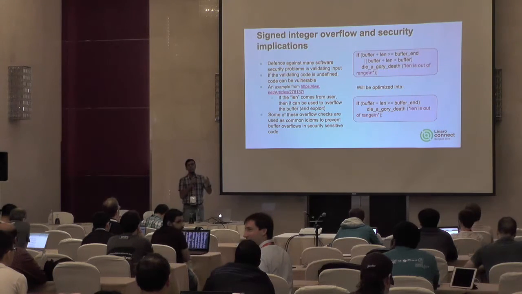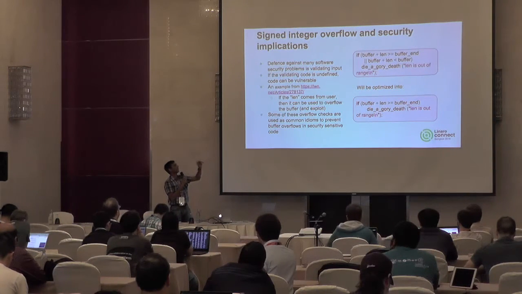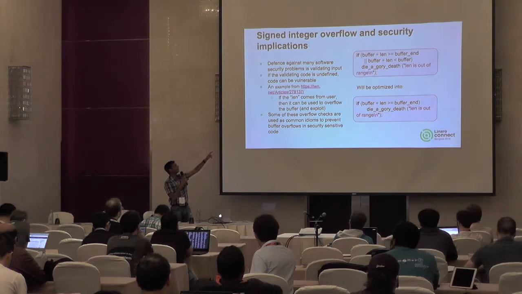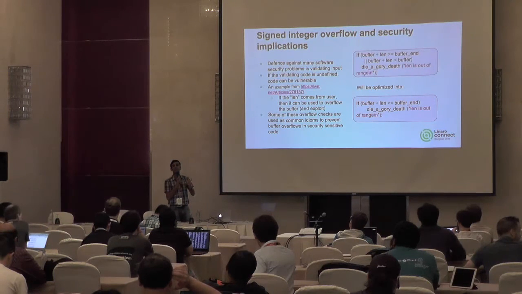But what I'm trying to say here is if len is negative by overflowing, in that case, buffer plus len less than buffer is possible. But the compiler is going to assume that that won't happen.